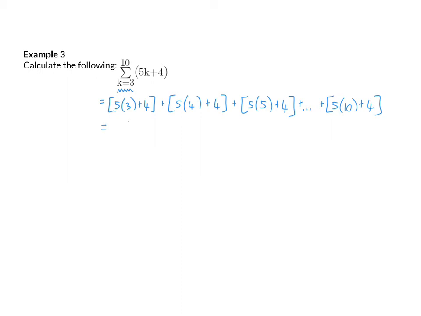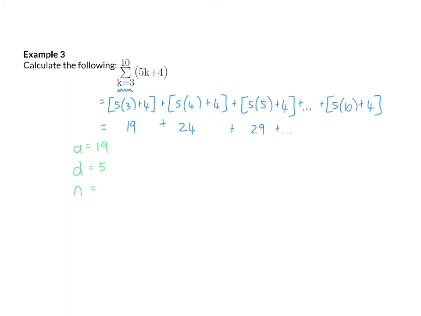Now we can see our first term is 19, then we have 24, we have 29, and it continues like that. So from here we can say that A, our first term, is 19. We have a constant difference this time because we add 5 every time. When we now get to n, you need to be careful.